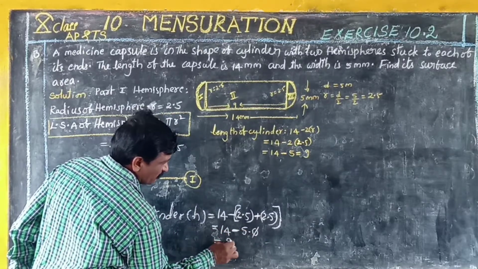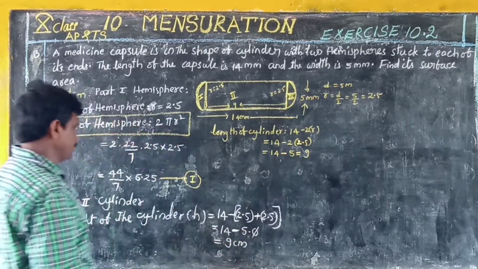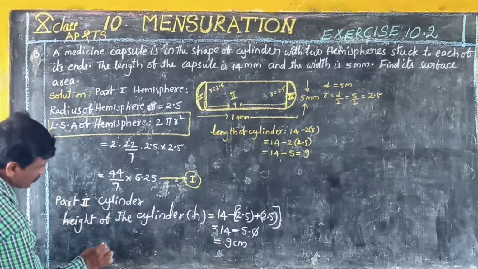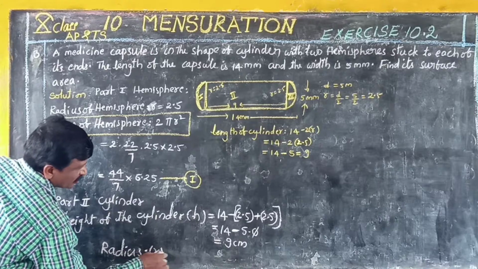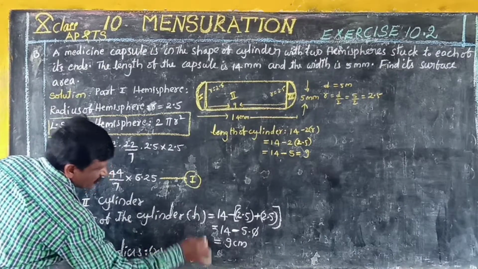So 14 minus 5, 9 centimeters. The radius R is the same, 2.5.